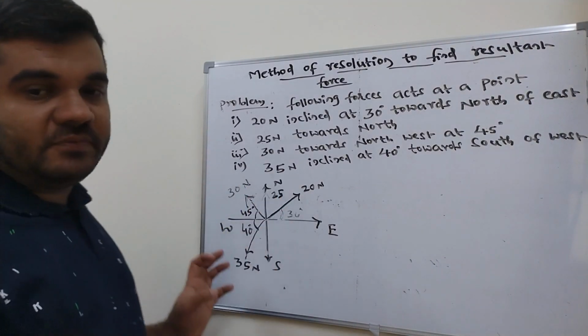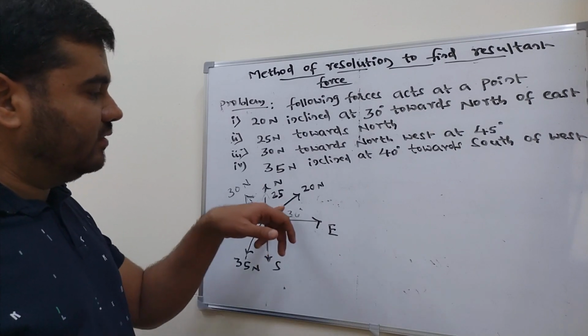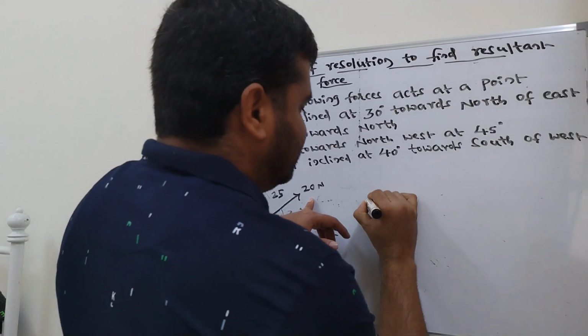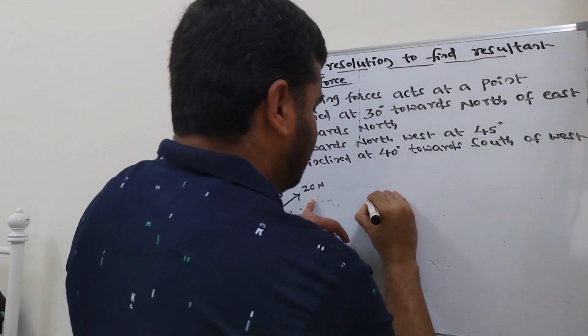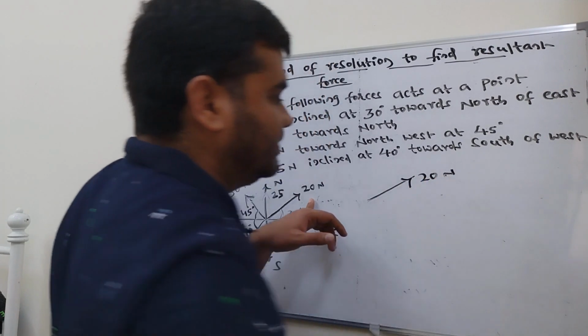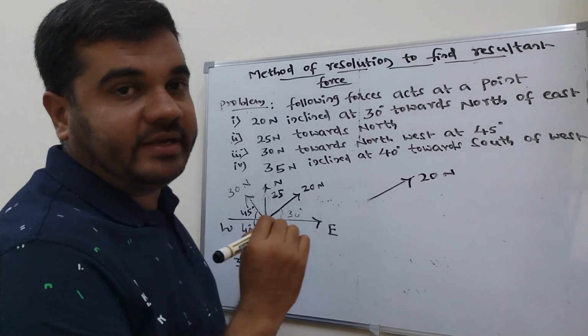Now how to resolve these forces into horizontal and vertical? First we'll go one by one. The first force, 20 Newton. Just draw the same like this. For this 20 Newton, you need to split into horizontal and vertical components.